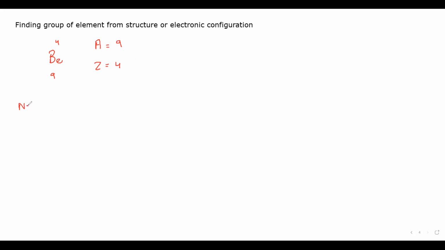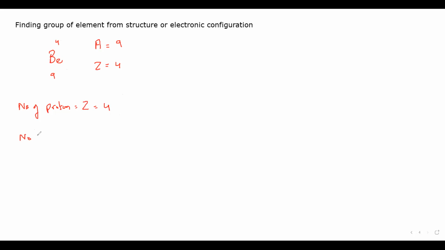If I work out the number of protons, so number of protons, that is given by Z. Number of the protons are given by Z, so that is equals to 4. The proton number is equals to the atomic number which is given by Z, the top number.